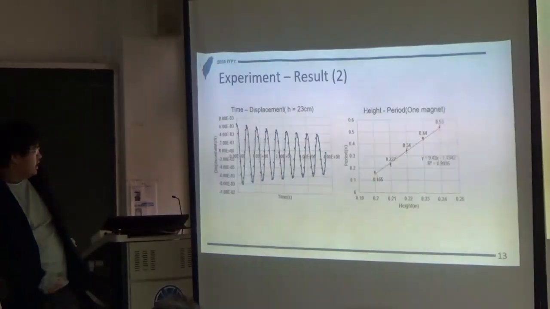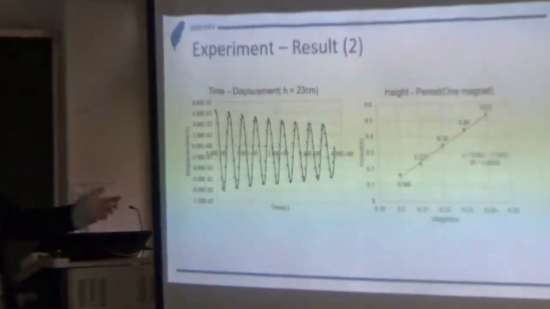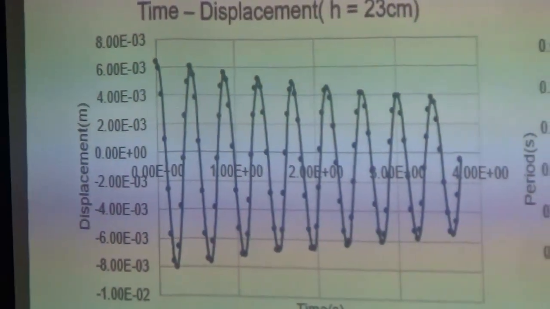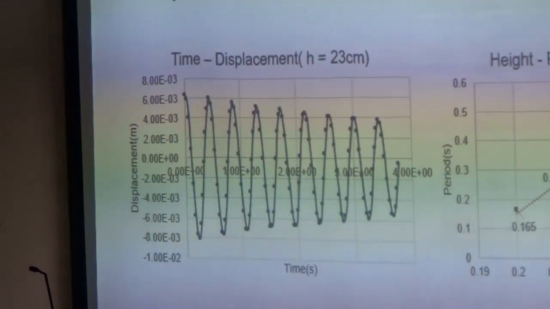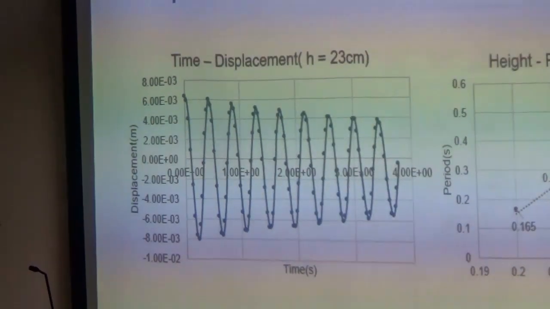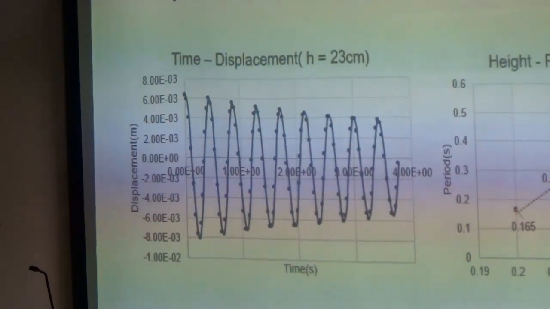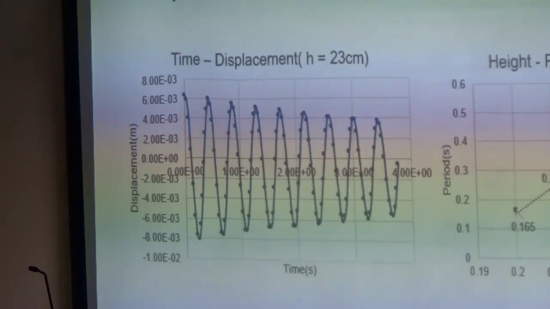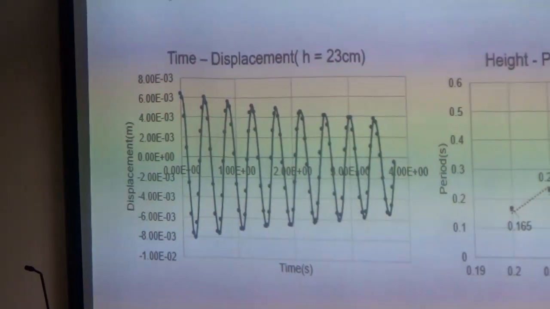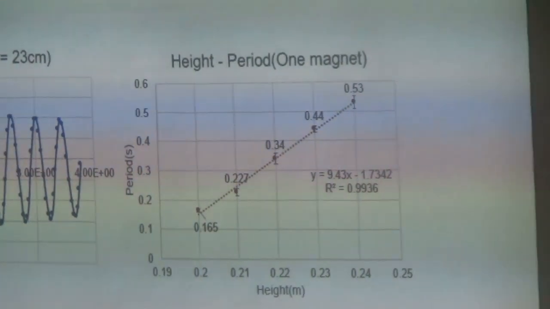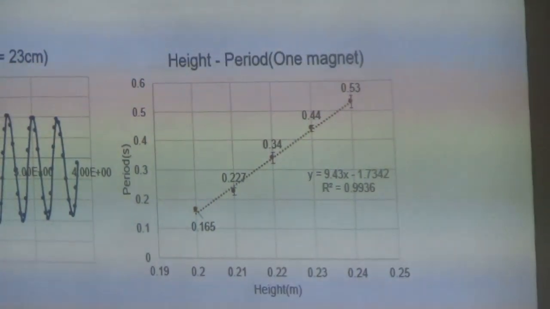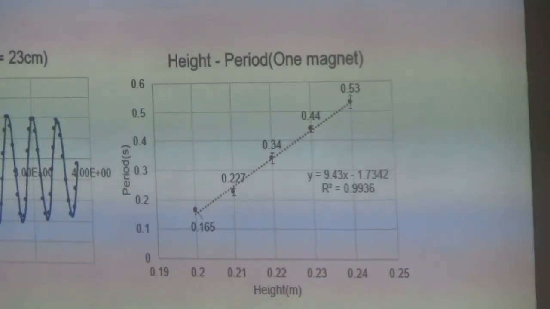And the result is: the left graph shows the time displacement relationship of the 23 centimeter height of the pendulum. It goes like this, and the height to period relationship is like a linear function.